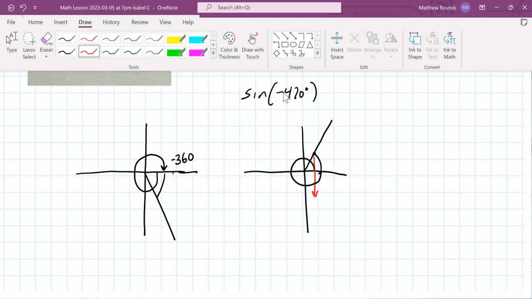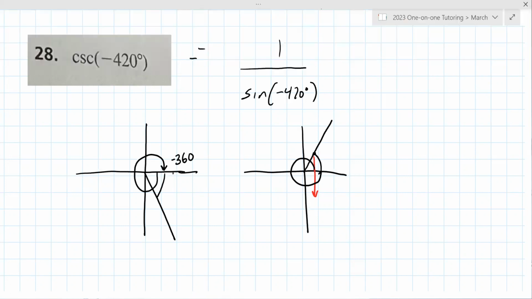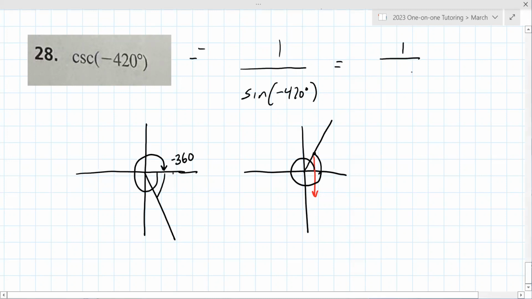So I think it would be 300 degrees. It's the X or the Y value there. So that would be the Y value. So radical 3/2, but it's negative. Yes.